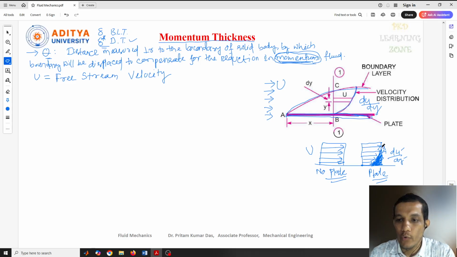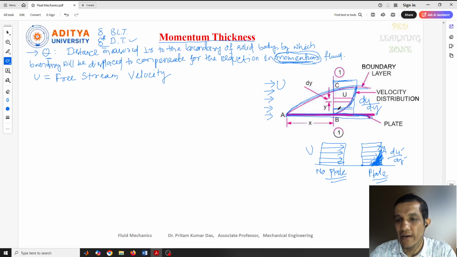To compensate for this reduction in momentum, we are shifting the boundary. We can shift this layer, that is, how much the layer is going to be shifted vertically upward. If it is shifted, that is the compensation here. Okay, so how to find it out?